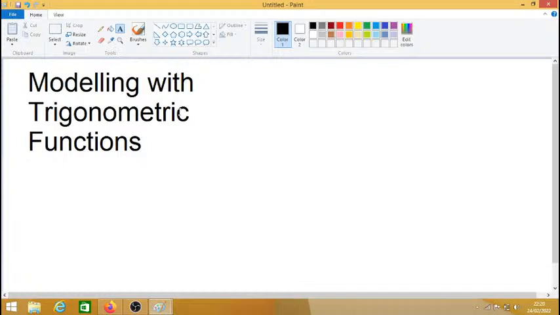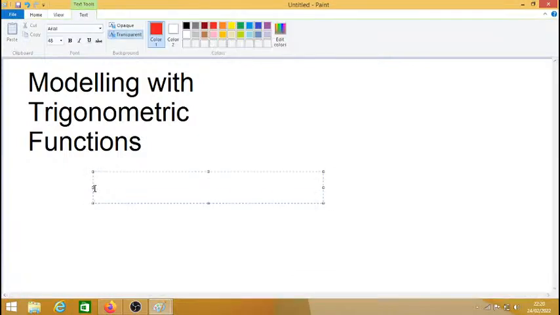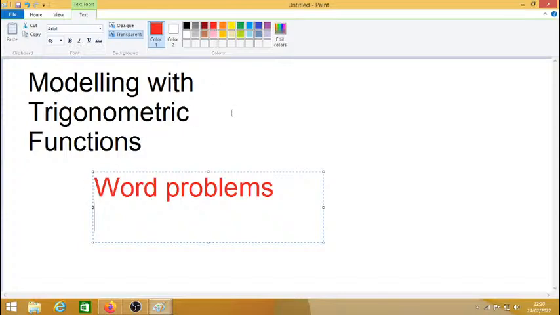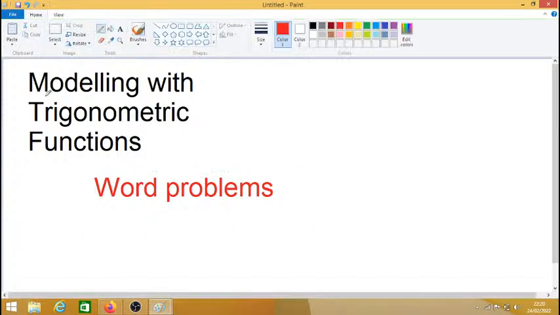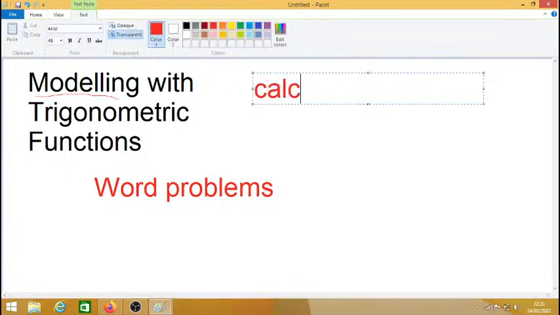Today's topic is modeling with trigonometric functions. And this is just a complicated way of saying word problems with trigonometric equations. The reason we say modeling instead of calculations is because these kinds of problems are real life scenarios, and the calculations will never give you the exact answer that works in real life.